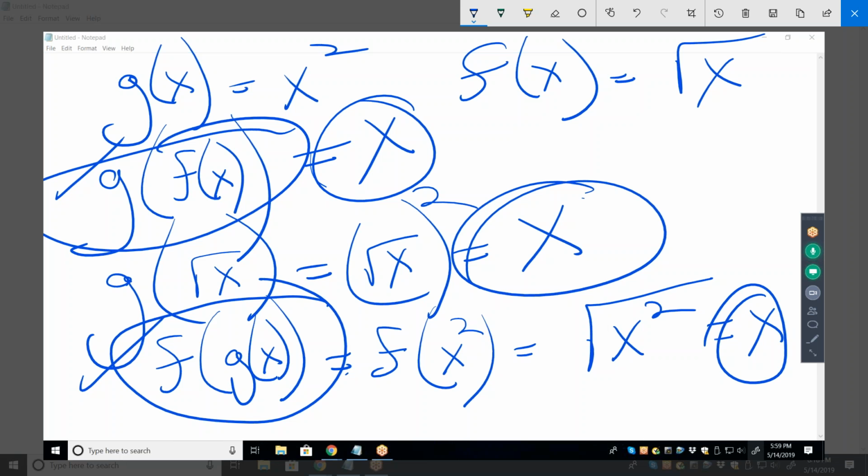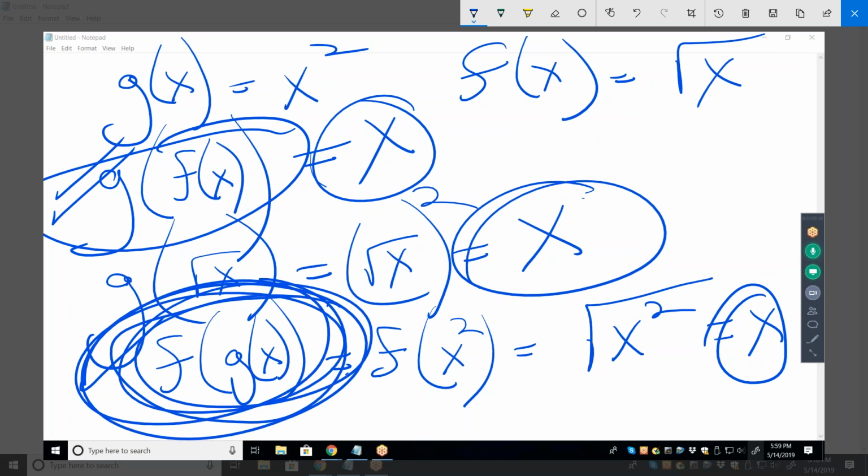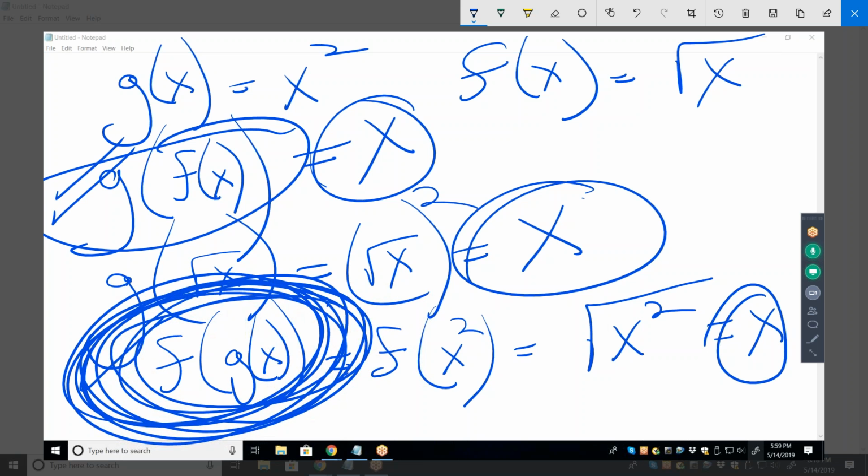So you're fairly safe in just proving one of them. You don't have to necessarily do the other one. If you're taking a timed test, that's just wasted effort. If this one gives you x, then they are inverses of one another.